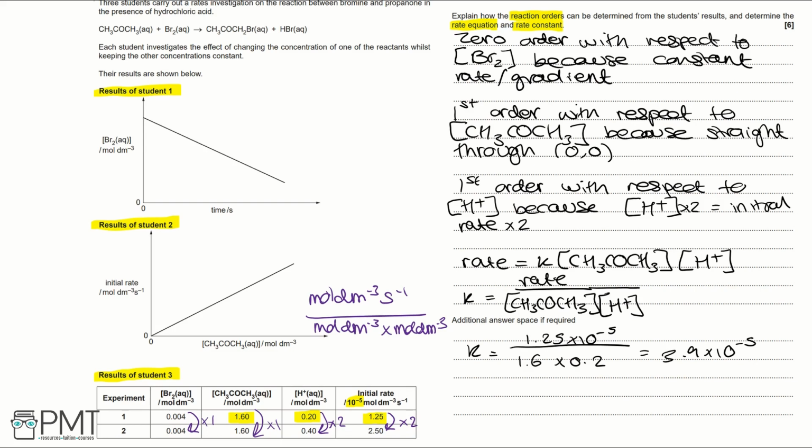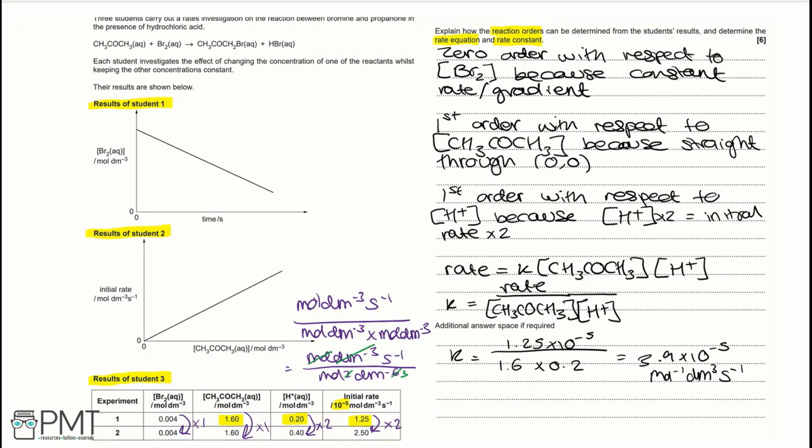If we simplify this, we have mol dm^-3 s^-1 divided by mol^2 dm^-6. Then we can cancel out the moles and the dm^-3 from the top, and one of the moles and one of the dm^-3 from the bottom. That would make our units mol^-1 dm^3 s^-1.